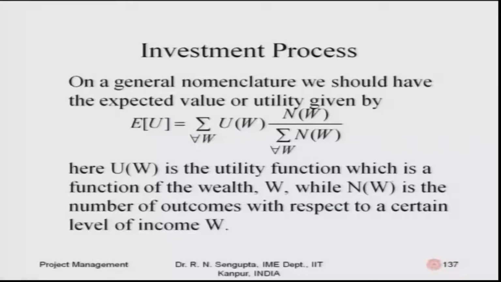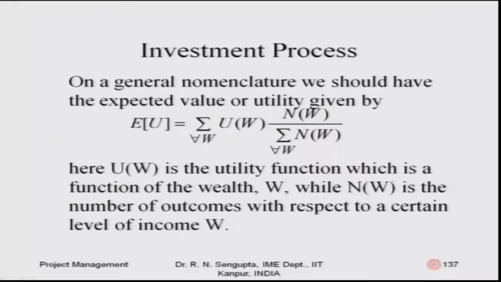U_W is the utility, which is the net outcome of investing W. And the second term, a ratio with N_W in the numerator and the summation of N_W in the denominator, basically means the probability.